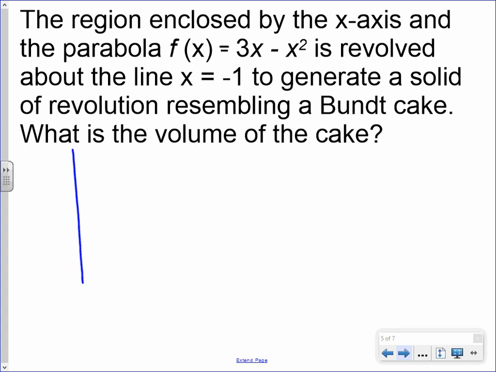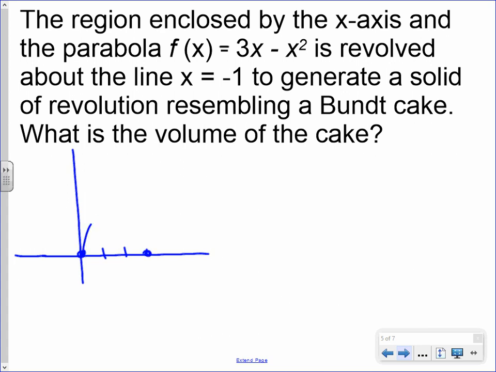Okay, so can somebody give me some advice on graphing 3x minus x squared? Graph the zeros. What are you going to say, Joe? 0, 3. Okay, the zeros are 0 and 3.